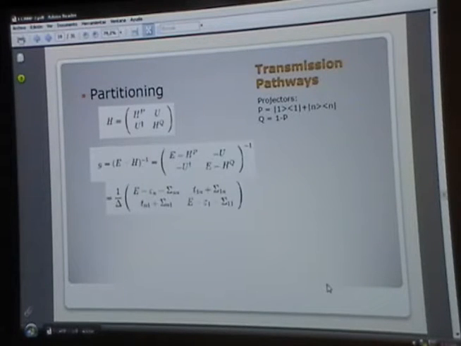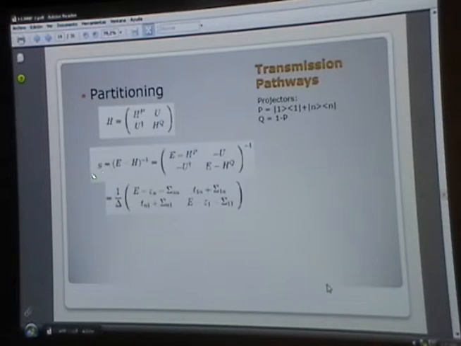So in the configuration where I have site 1 and site 3 connected to the left and right leads, P corresponds to sites 1 and 3, and Q corresponds to sites 2 and 4. And U describes the connections between these two subspaces.